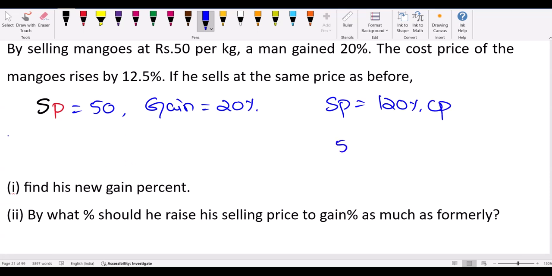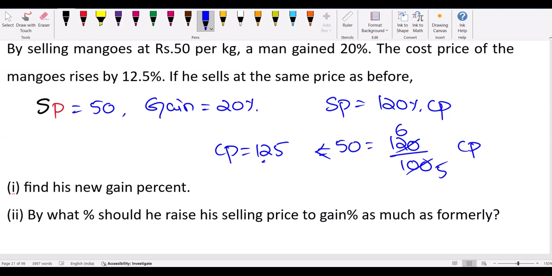Selling price is 50, and 120% is 120 divided by 100, which is nothing but 6 upon 5. So the cost price is 250 by 6, or 125 divided by 3. So when you purchase for 125 divided by 3, which is around 41 or 42 rupees, and sell for 50 rupees, definitely you have a profit.